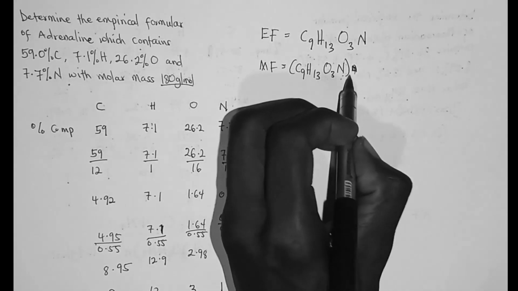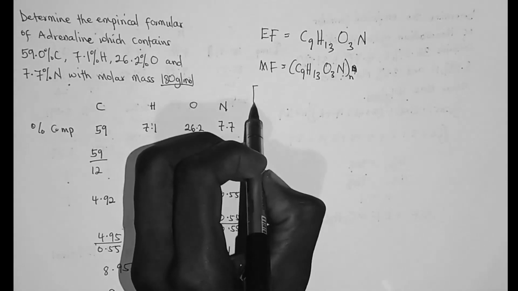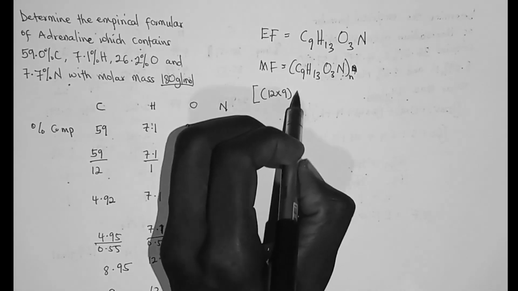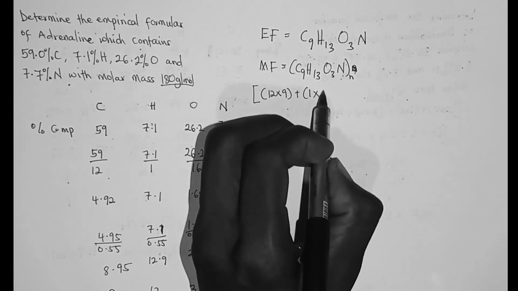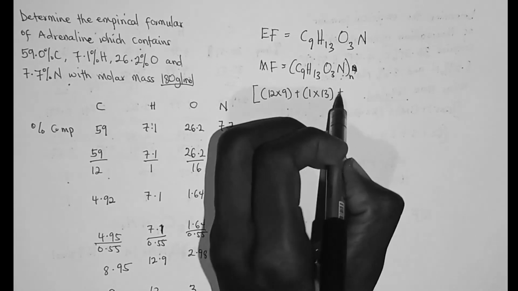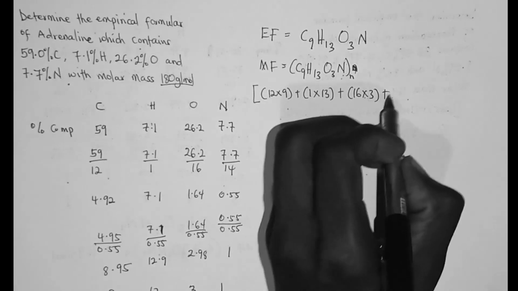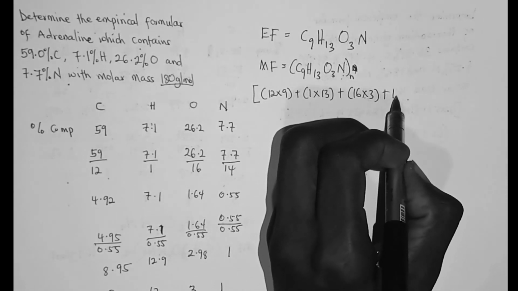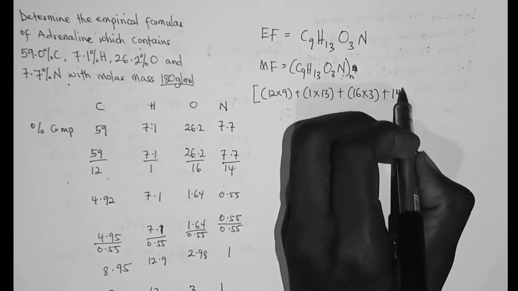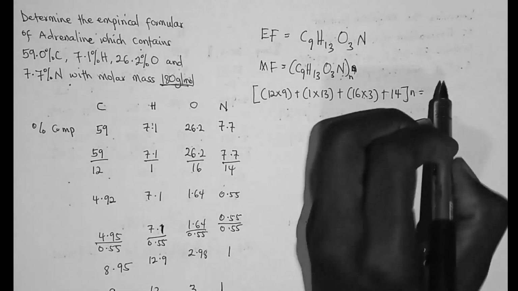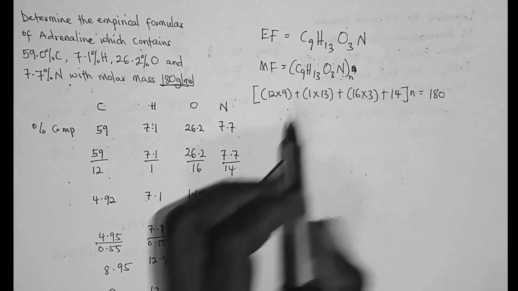So carbon is 12, so 12 times 9, plus hydrogen is 1 times 13, plus oxygen is 16 times 3, plus nitrogen is 14, so plus 14 times n equals what was given us, which is 180 grams per mole.